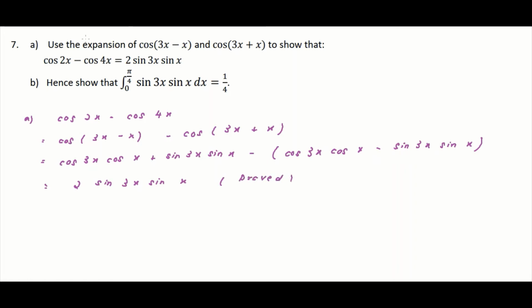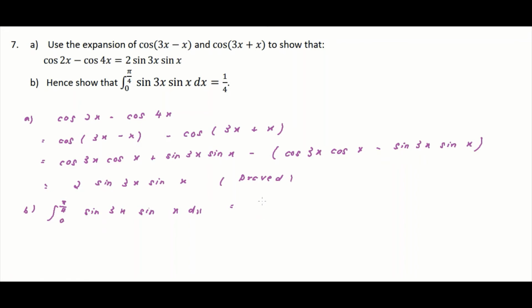Okay, part B. For the definite integral, you want to show that the definite integral equals 1 over 4. You can see, obviously we can't integrate sine 3x sine x as it is. But just now we already proved that cos 2x minus cos 4x equals 2 sine 3x sine x.